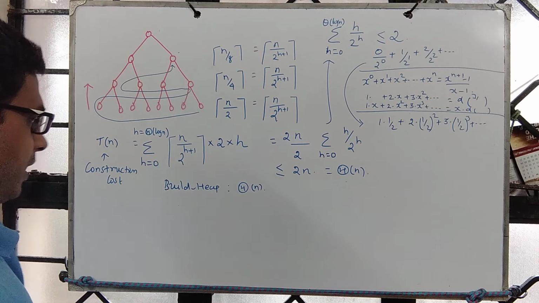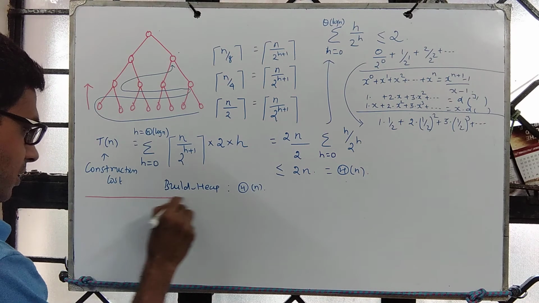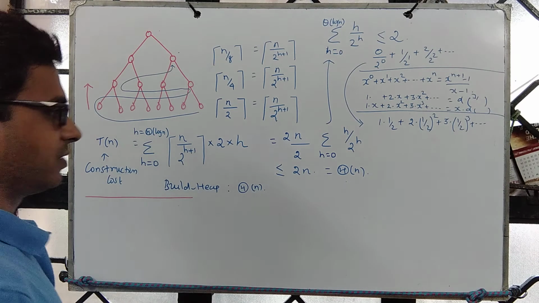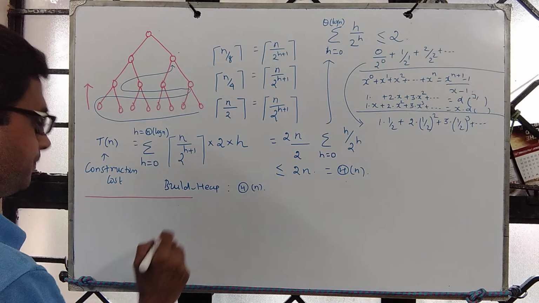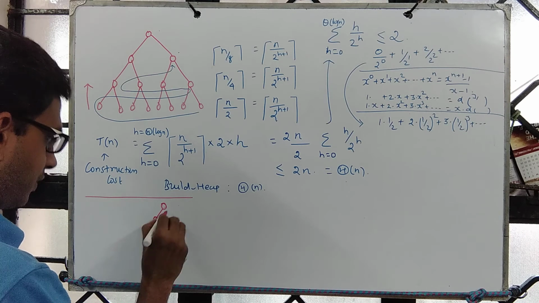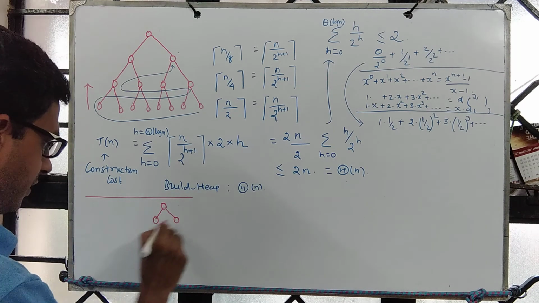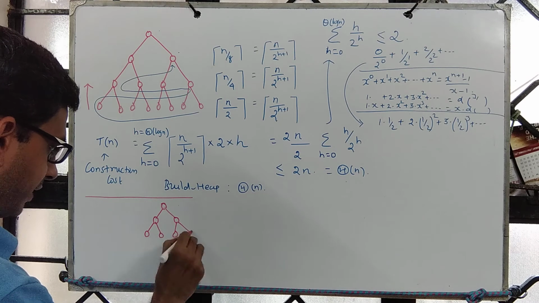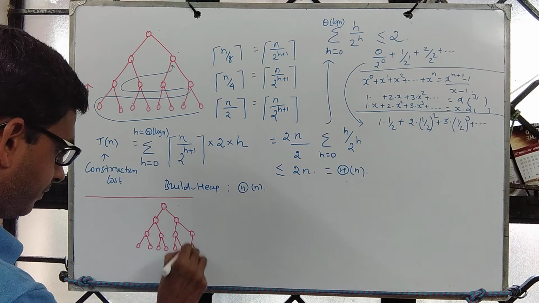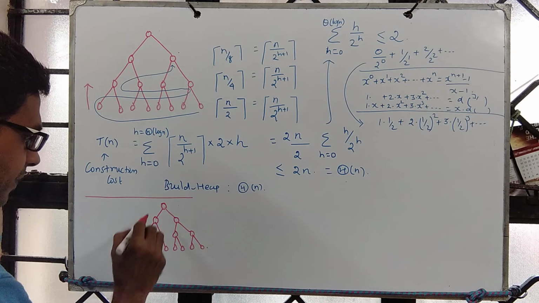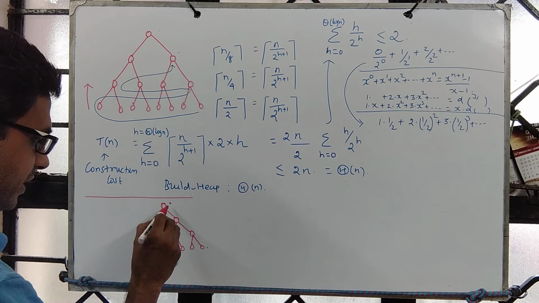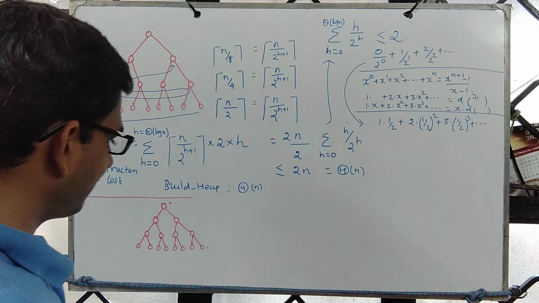Okay. Now you can look at the analysis from one more perspective. If you look at, say, this tree, suppose you look at this node. Now you see that there is a violation after incurring two comparisons.